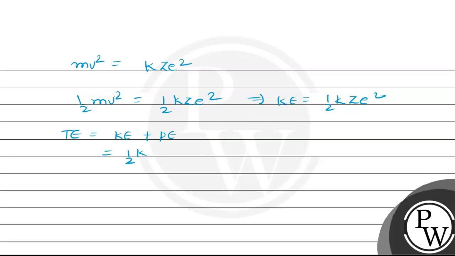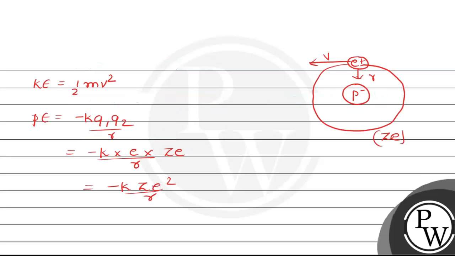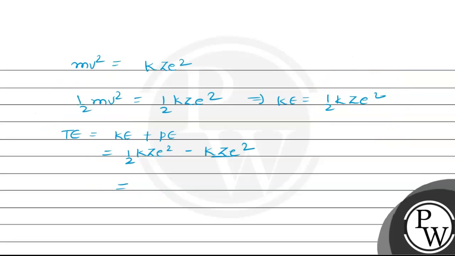So this is half k z e square, and potential energy की value यहाँ पर थी minus k z e square upon r. So we will be left with minus k z e square upon r. So this is the total energy.